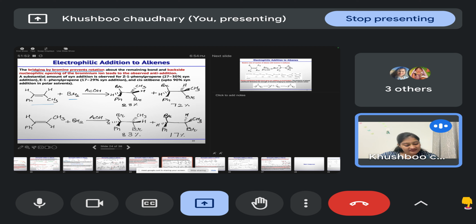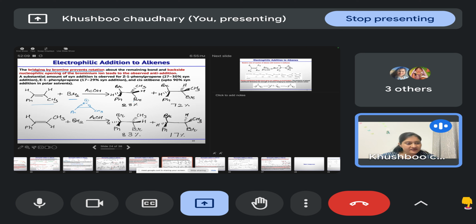and then bromide will attack at any of the carbons, leading to the formation of, now in this case, the bromonium ion that is formed. Now the bromide ion will attack the carbon where the carbocation is stable.